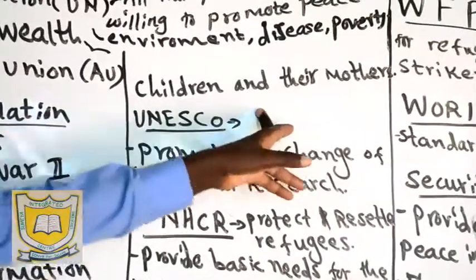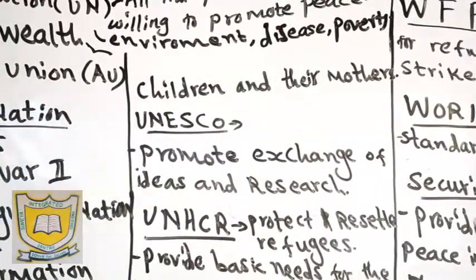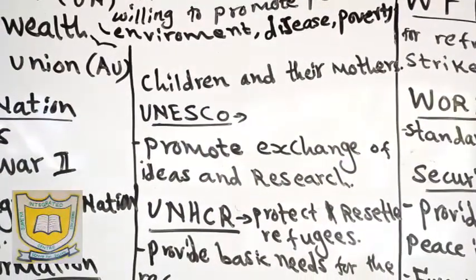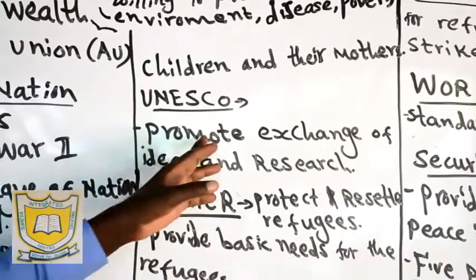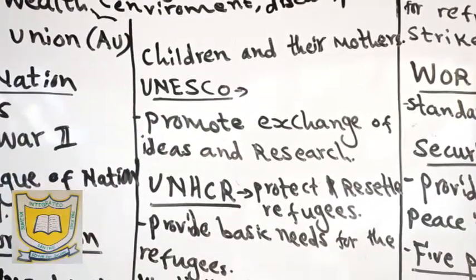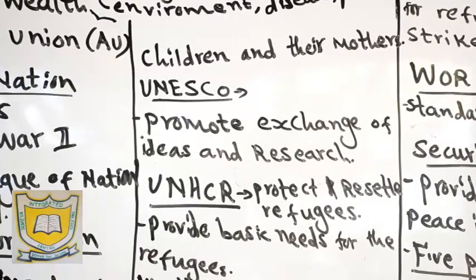Then we have what we call UNESCO. UNESCO means United Nations Educational, Scientific and Cultural Organization. So it mostly deals with science and research in very different fields. It deals with the exchange of ideas between experts from different fields, and so on.